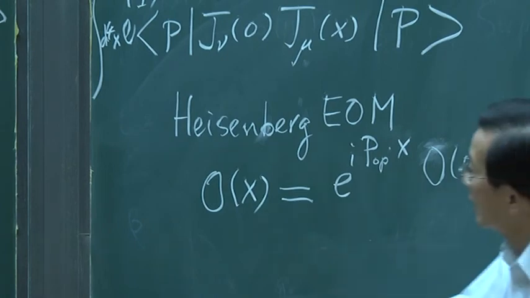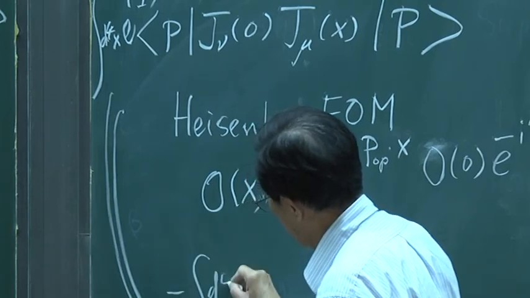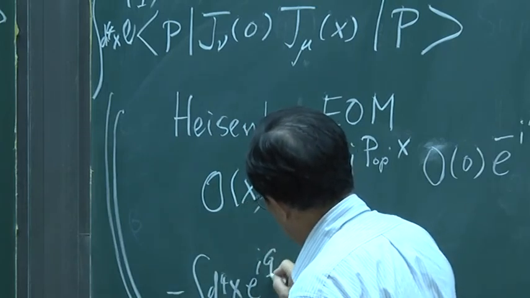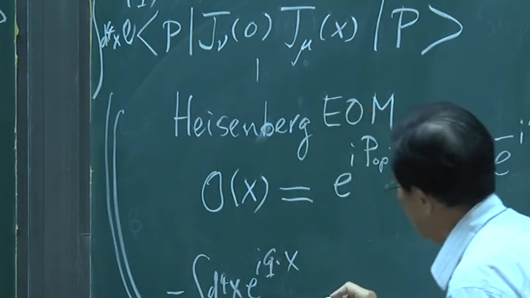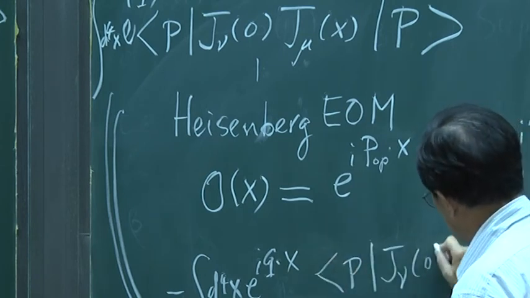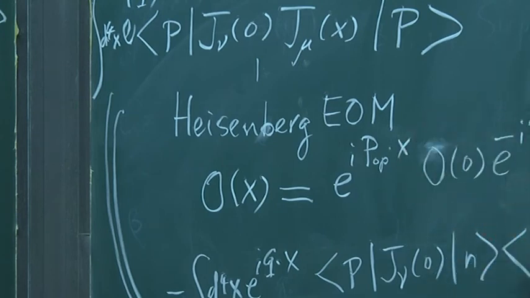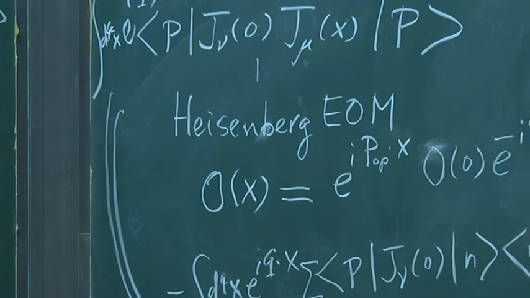So this integral becomes d^4x e^{iq·x}, and then I insert a complete set of states here, okay? So I have <p|j_mu(0)|n>, and then a sum over n, and then <n|j_nu(x)|p>, like that, right? And then I apply this equation here.